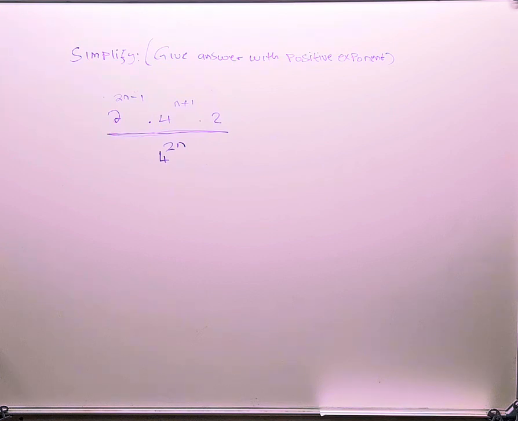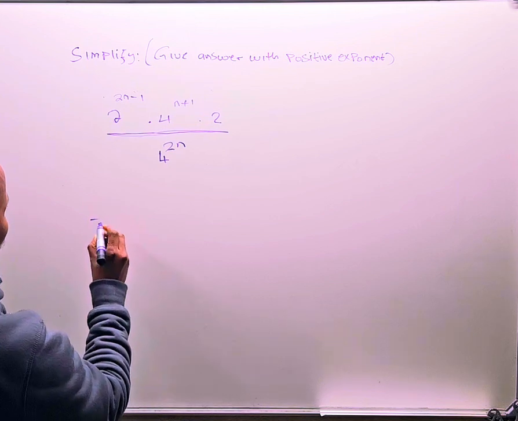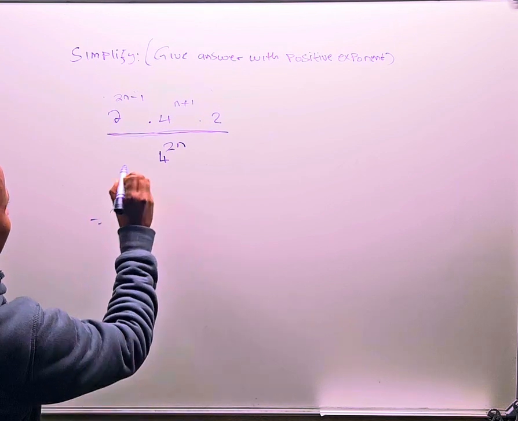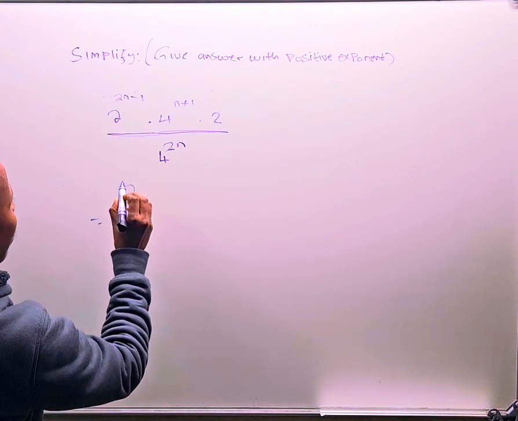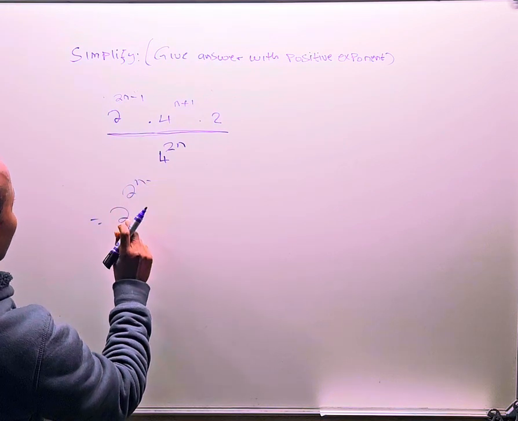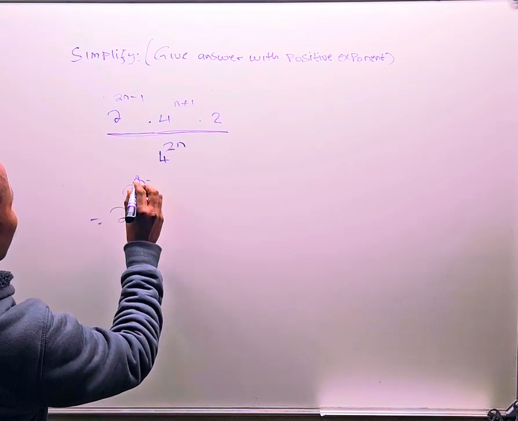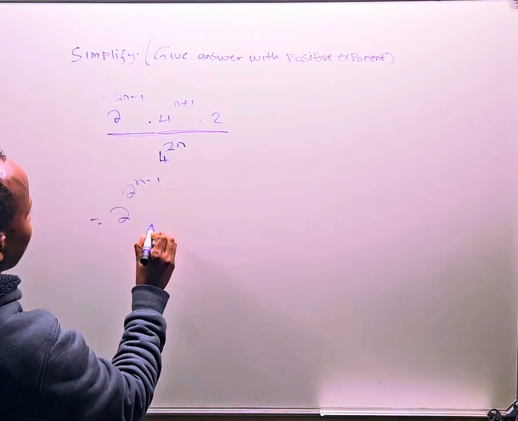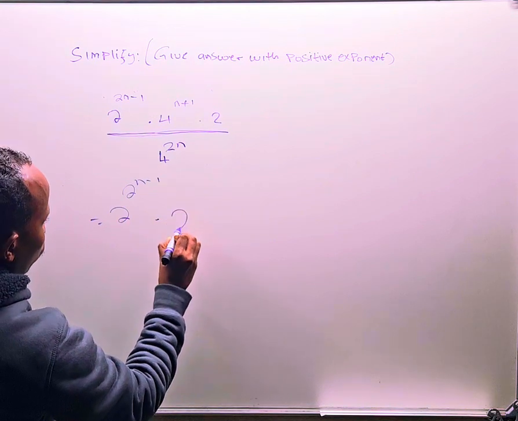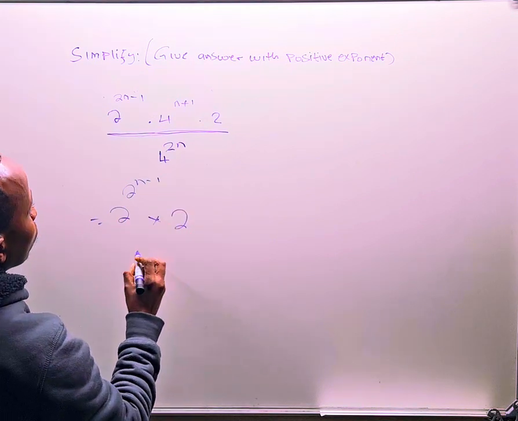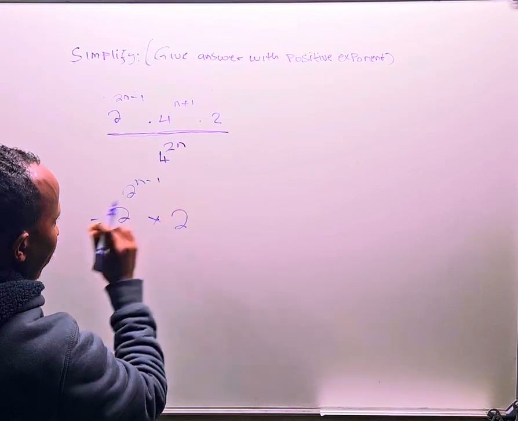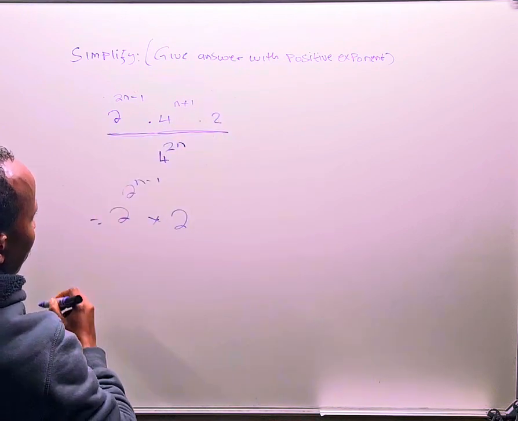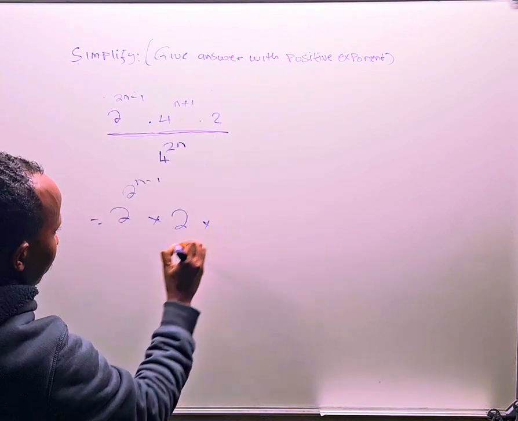First one, I will look at this as two different powers, and I will say this equals 2 times 2 raised to the power of 2n minus 1, times 2 to the power of 1. I mean this one, multiply.